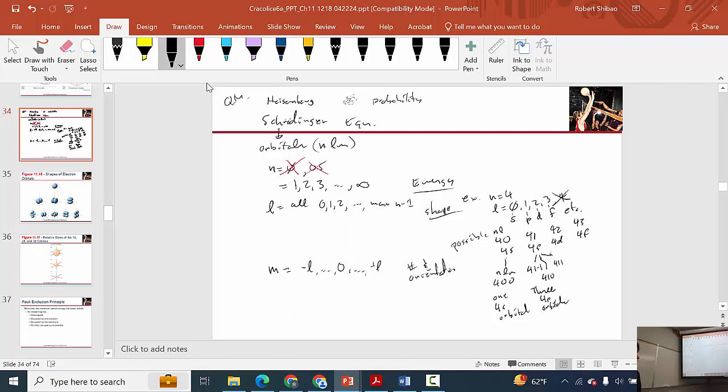How many 4d orbitals are there? 5. And so I'd have 4, 2, negative 2, 4, 2, negative 1, 4, 2, 0, 4, 2, 1, and 4, 2, 2. That gives me 5 4d orbitals.